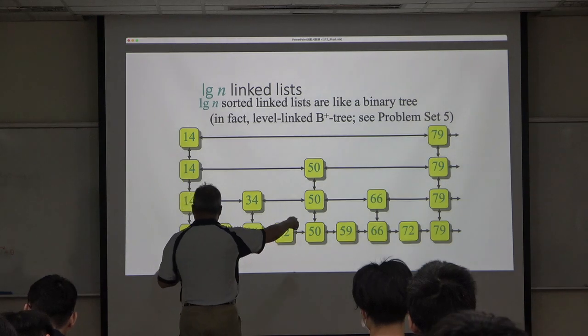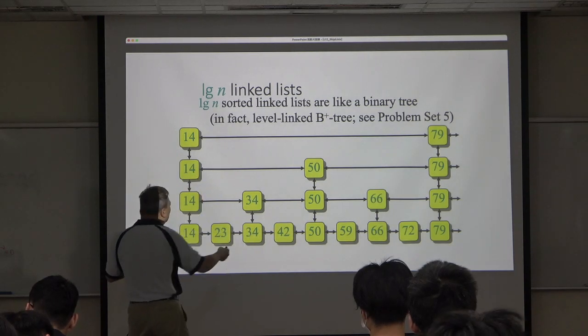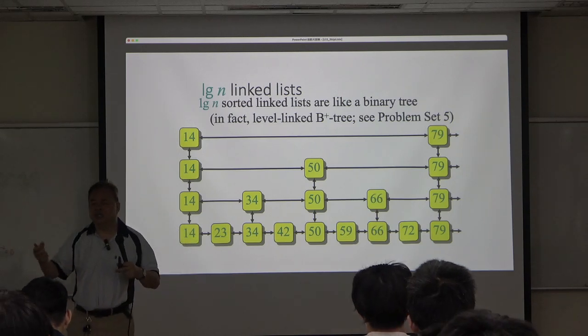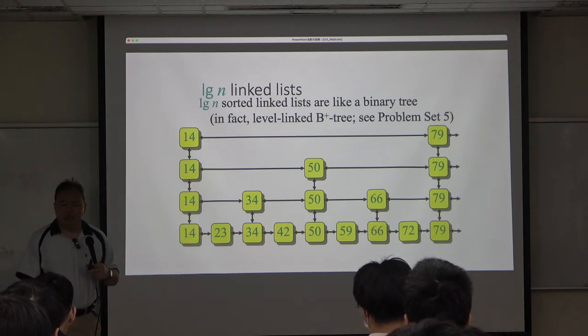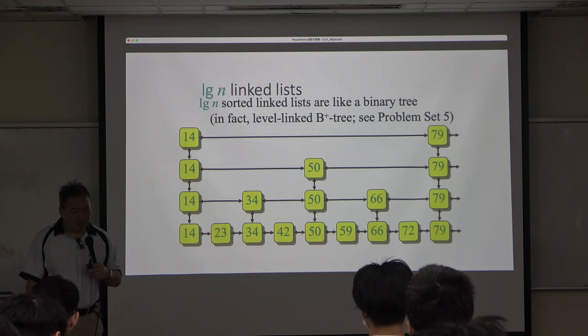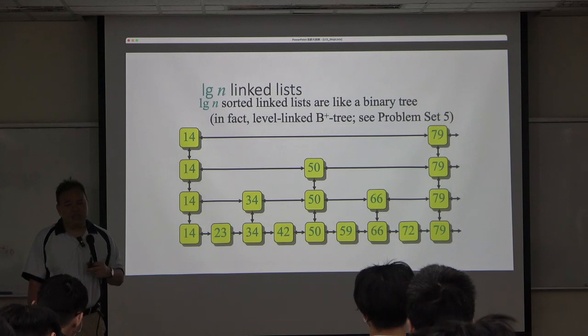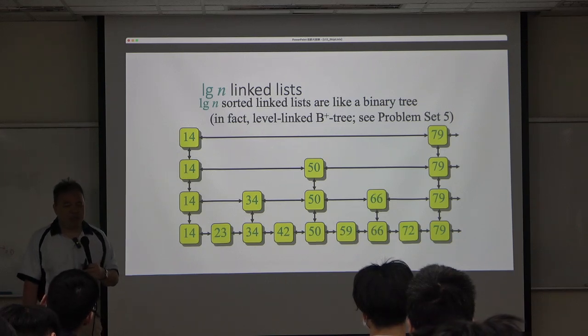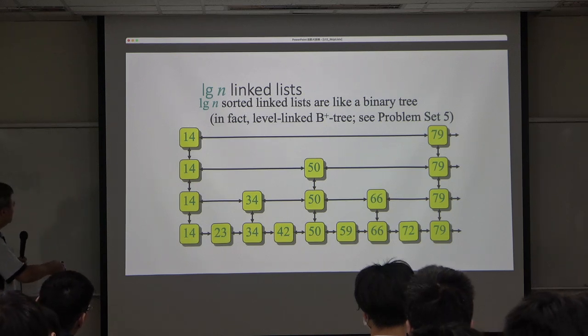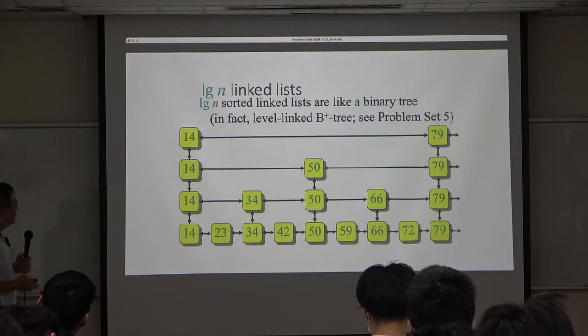But if you look at this one, don't you feel like this looks very similar to a tree? You could, conceptually, consider the skip list a binary search tree, actually. I mean, it's kind of.